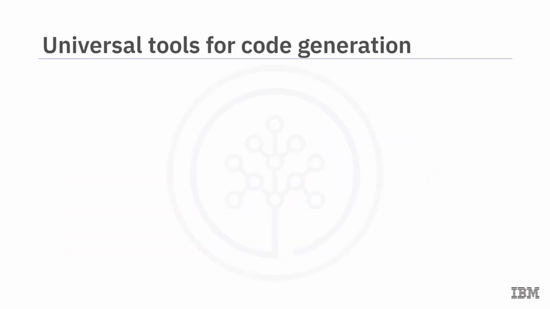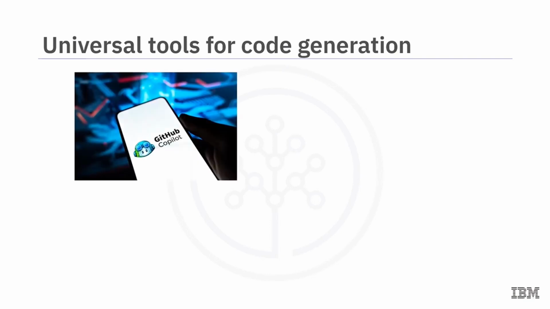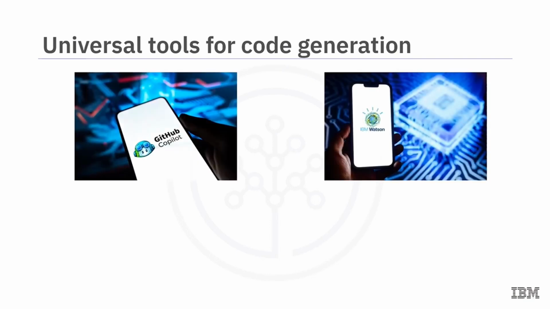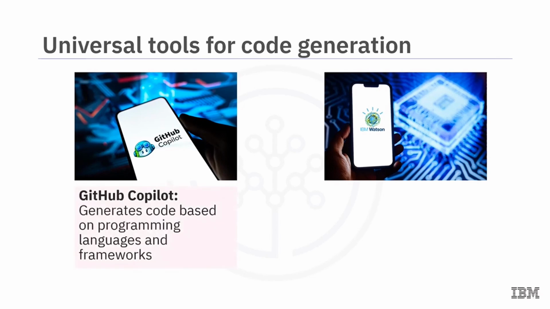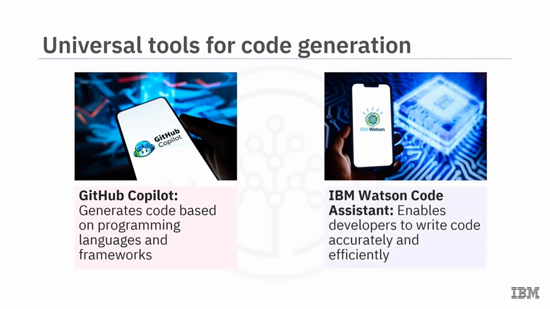Similarly, some universal generative AI tools for text-to-code generation are GitHub Copilot and IBM Watson Code Assistant. GitHub Copilot, powered by OpenAI Codex, can generate code based on various programming languages and frameworks. IBM Watson Code Assistant is built on IBM Watsonx.ai and enables developers to write code accurately and efficiently with real-time recommendations, autocomplete features, and code restructuring assistance.